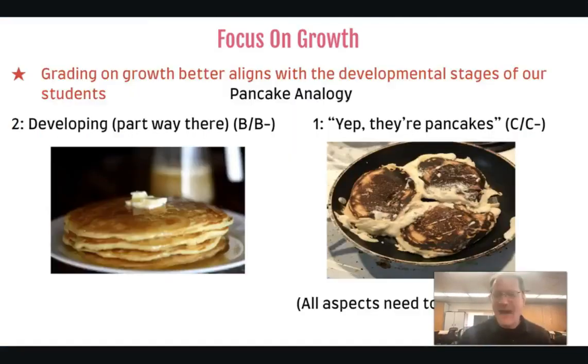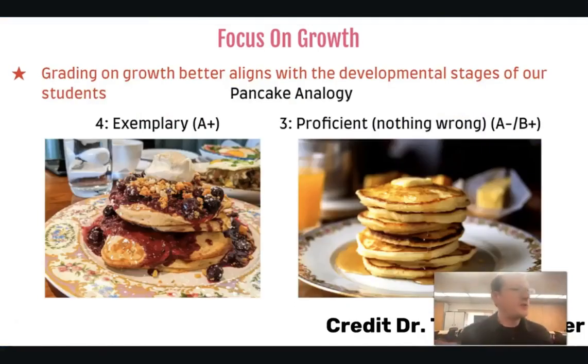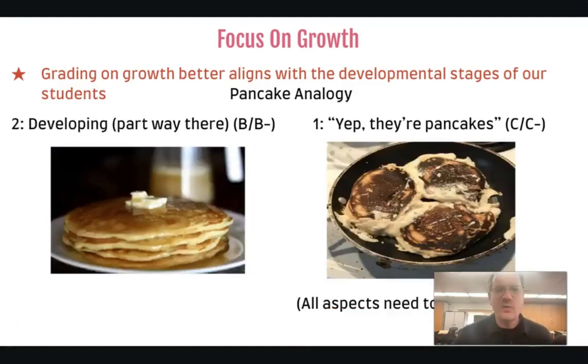And if let's say it's a math class, right? And to be full disclosure, I'm not a math teacher, so I'll do my best. But let's say it's a math lesson where you have a student who's doing a 4-step equation, and maybe they're missing a step, right? So rather than getting an F completely, they're having trouble on that last step. Maybe that's a 2, a B, they're developing, right?